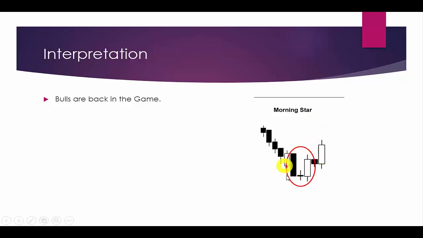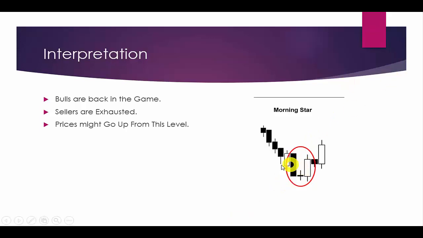Now they are with new optimism, new passion, and there are strong chances that prices will go up right from here. Sellers are exhausted. They are taking out their profits from the market and they are quitting. They are trying to exit from the market, and right from this level, prices will go to the upside.